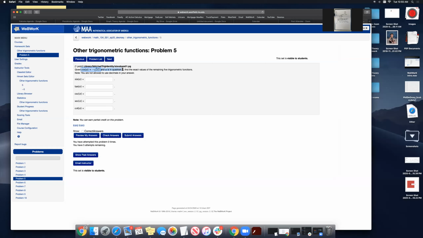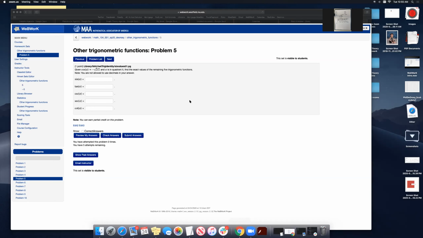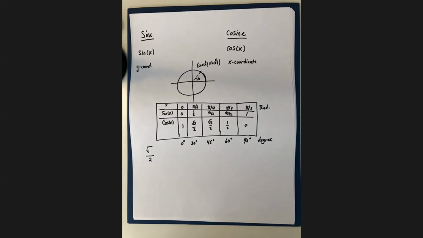So this is the information. We're in quadrant 2, and our value is negative square root of 2 over 2. I know we're jumping around over here, but let me go back to this whiteboard.